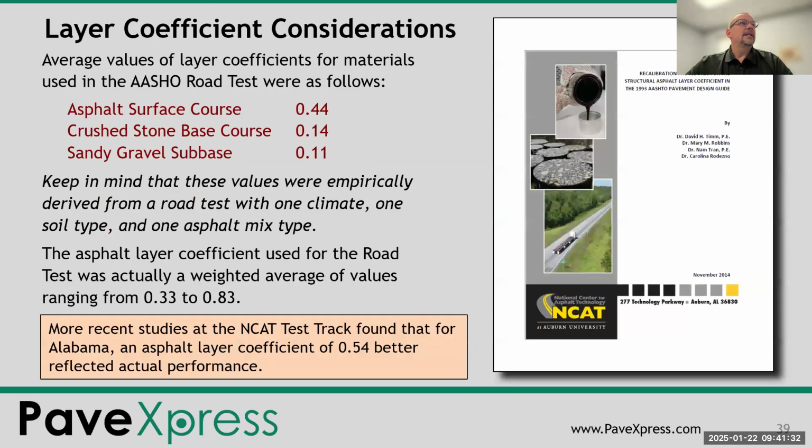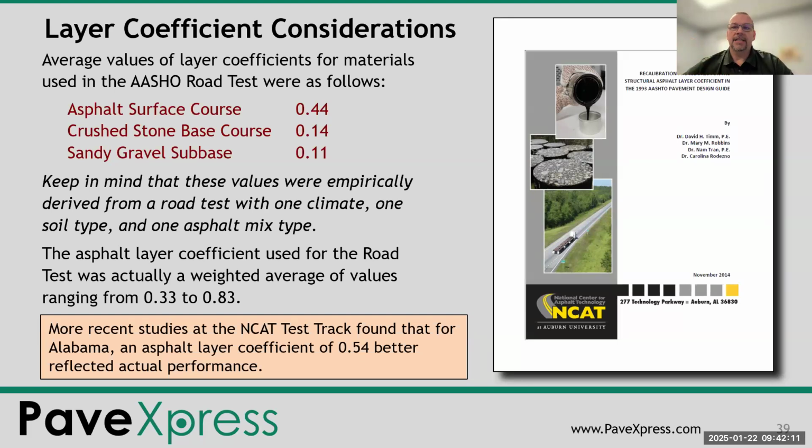So for layer coefficient considerations, keep in mind that the layer coefficient does not consider a lot of different things, like the improvements that have been made to asphalt. The typical AASHTO recommendation for asphalt is 0.44. Here in Michigan, the Michigan Department of Transportation uses 0.42, so they're being a little more conservative. Years ago, they used to have the asphalt base course be 0.36.